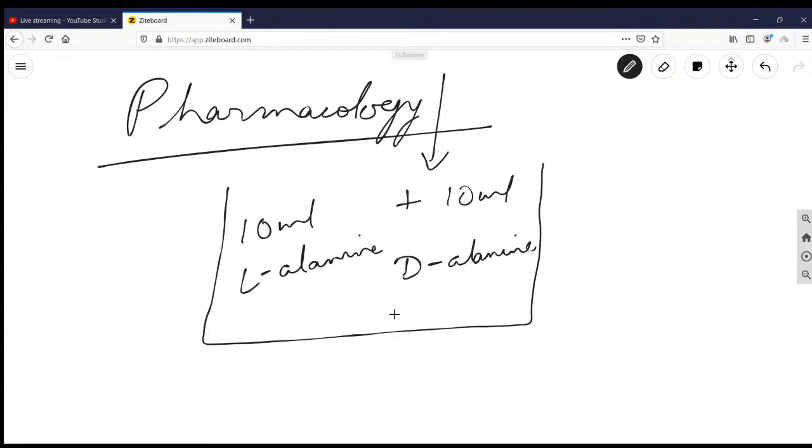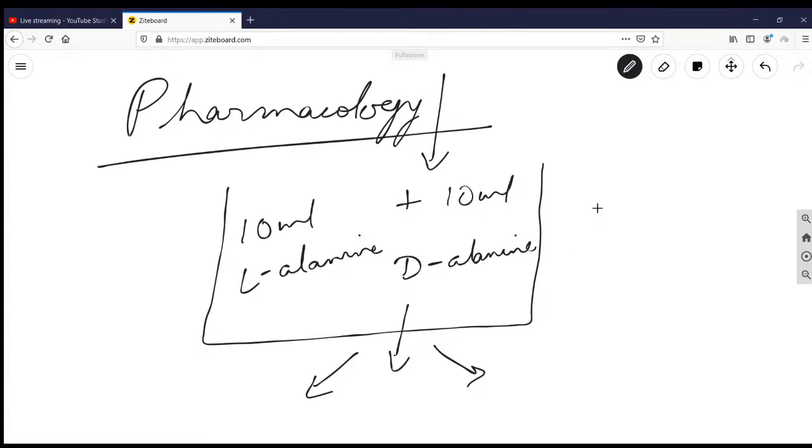After it comes out of the tube, which direction will it take? The right direction or the left direction? Just understand the question. I have added in a tube 10 ml of L and 10 ml of D, equal amounts of both enantiomers, or stereoisomers.